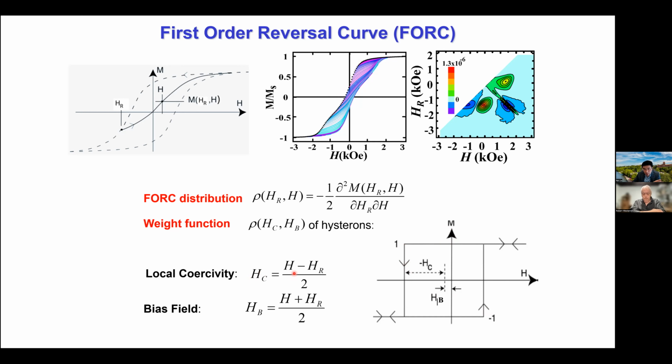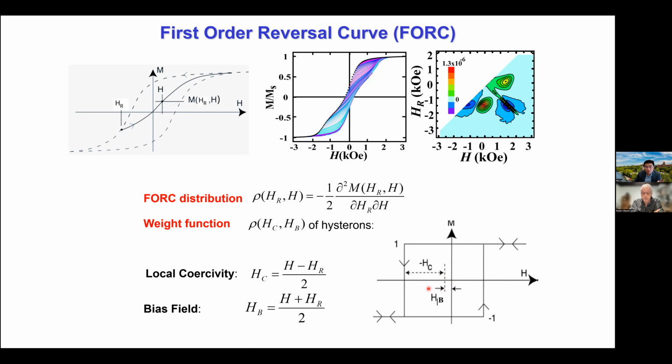And we can define local coercivity, which is the half width of this hysteron, and the bias field, which is the shift of this hysteron from the origin. So this bias field represents the interactions. If there's no interaction, then this will always be centered.